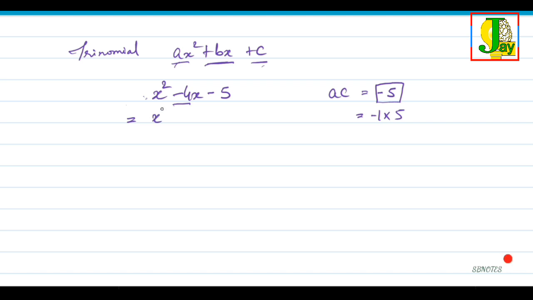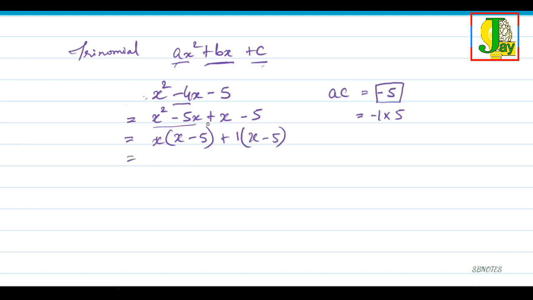Okay, so we can write x square minus 5x plus 1x, that's minus 4x. Okay, minus 5, and this you can take x common here, x minus 5, and if you take 1 common you get x minus 5.